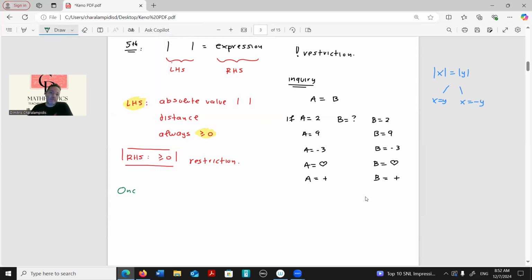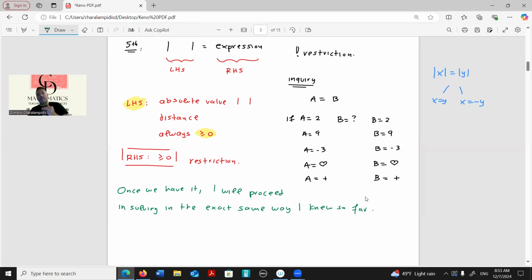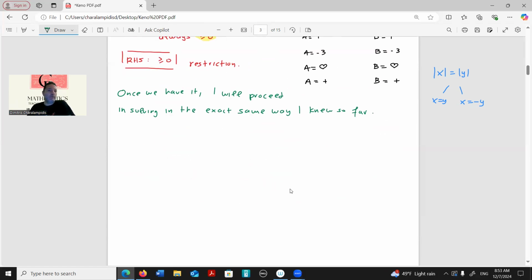Once we have it, I will proceed in solving in the exact same way I knew so far, meaning that I will take the expression inside the bracket, I will make that equal to the positive expression or to the negative expression. But let's see a worked example, because through it, it will make more sense.